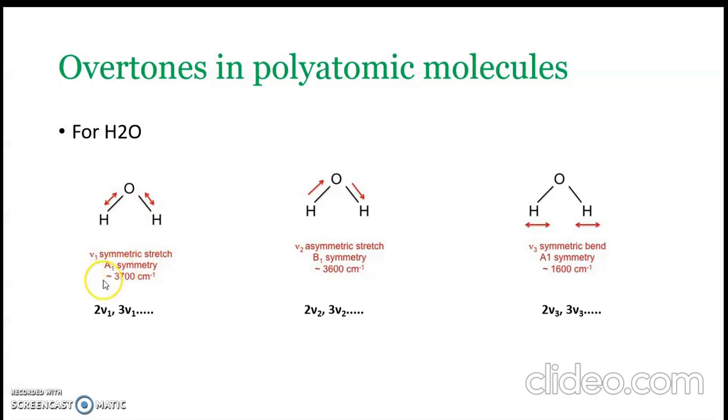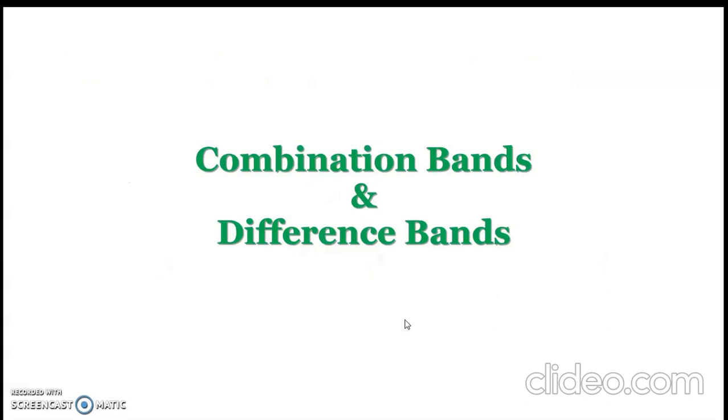There will be overtones: 2 nu1, 3 nu1, etc., 2 nu2, 3 nu2, 4 nu2, etc., 2 nu3, 3 nu3, etc. There is the possibility of a lot of overtones in polyatomic molecules, but their intensities fall off rapidly. In addition to overtones, the selection rule permits combination bands and difference bands in polyatomic molecules.